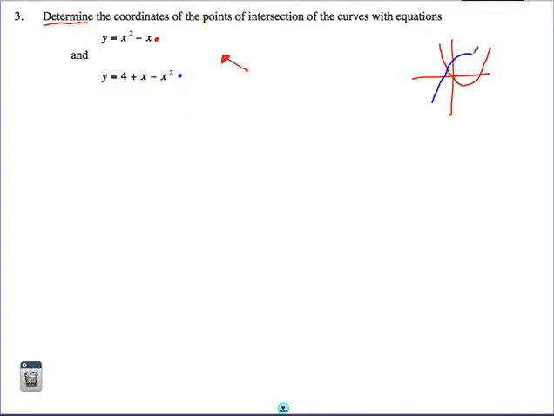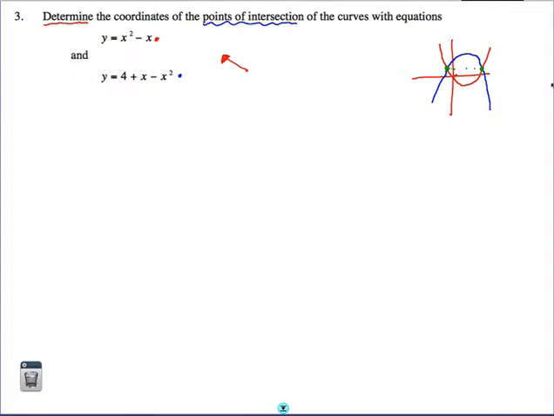Again, this is a guess, not 100% correct. So all we have to do is find out the points of intersection, which is at this point and this point. So we've got 2 points that cross, 2 coordinates. So when you answer this question, make sure to give both coordinates.